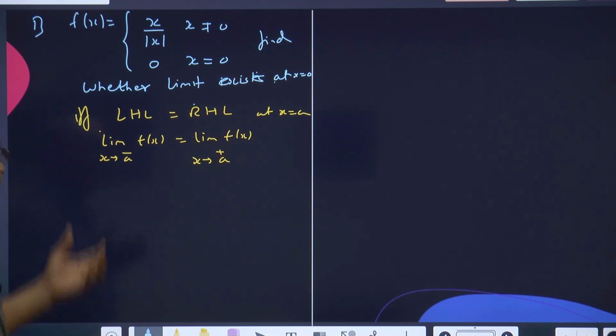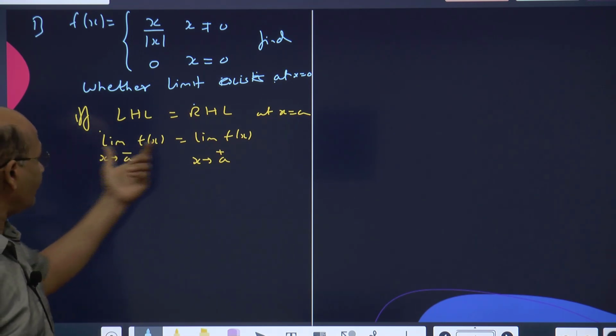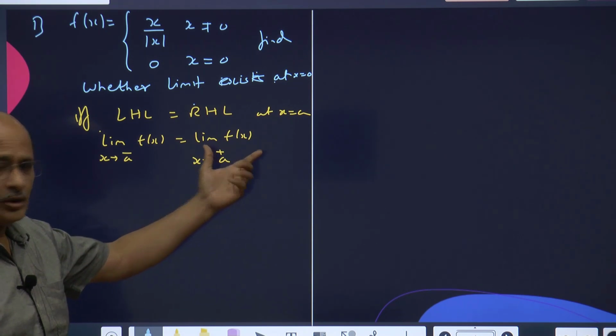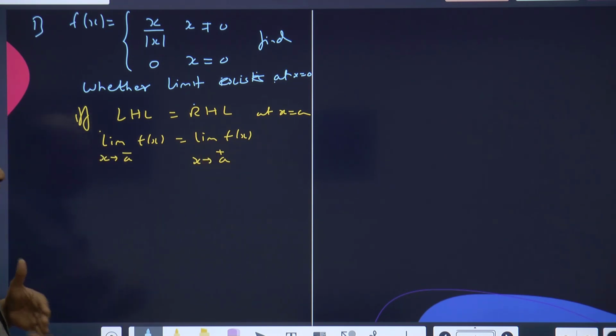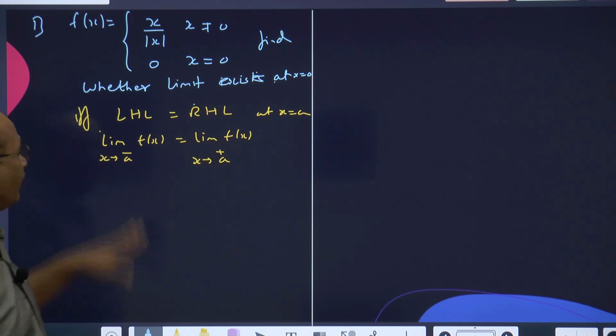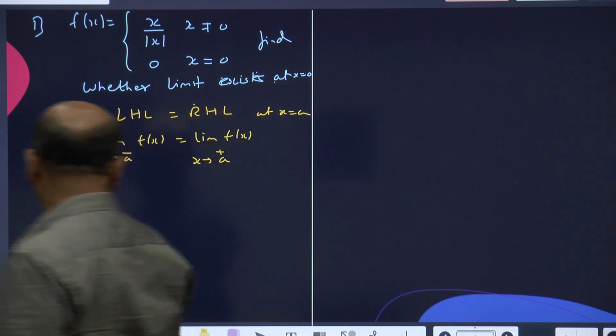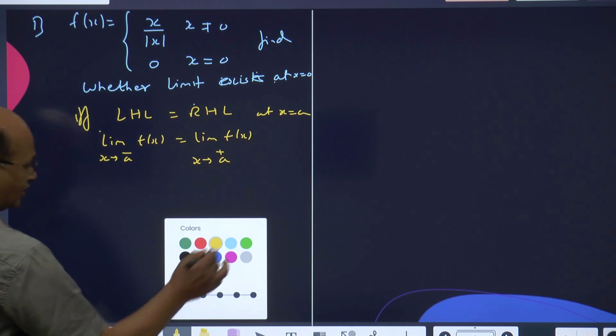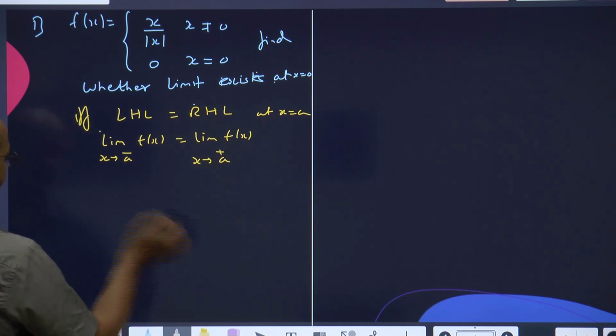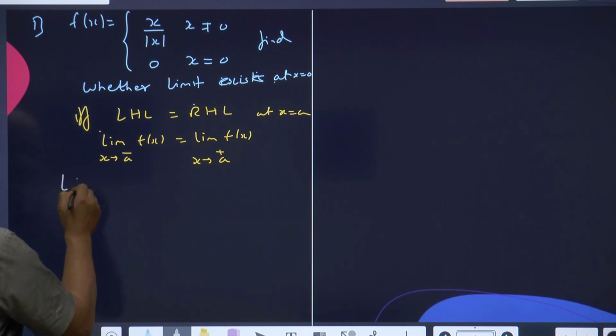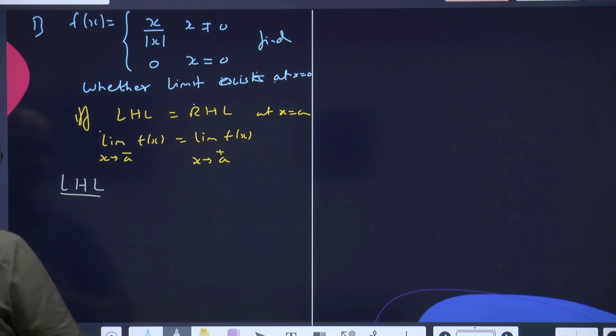As I said, limit will exist only when this value is equal to this value. So let us have a look at whether we can prove the left hand limit is equal to right hand limit. So here we go. The first part starts with left hand limit, and right hand limit will work out as we go on.